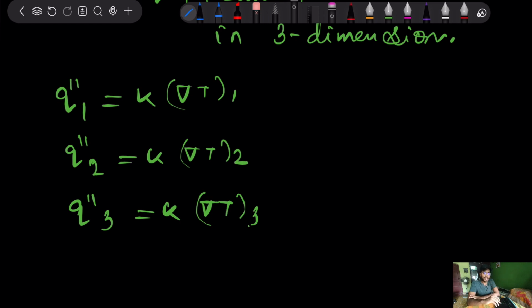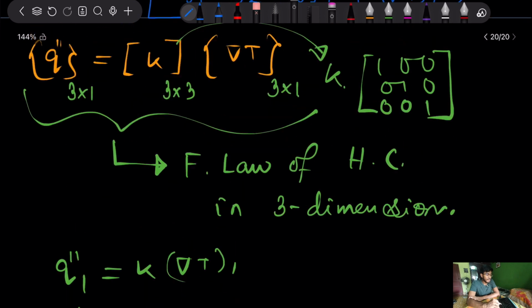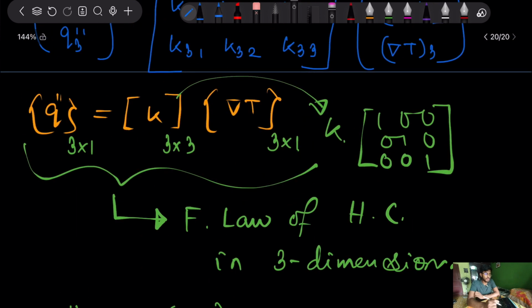That is the power of tensor algebra or tensor calculus. So in the next lecture I will teach you tensor algebra, and then I will prove that only if the material is isotropic does this K matrix, the thermal conductivity matrix, boil down to a constant K times an identity matrix.